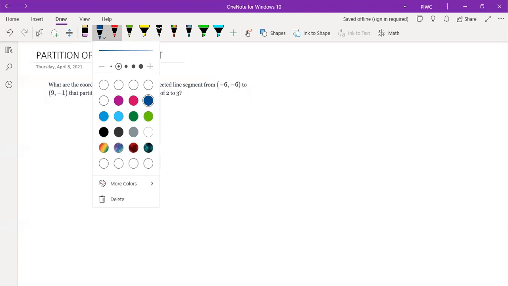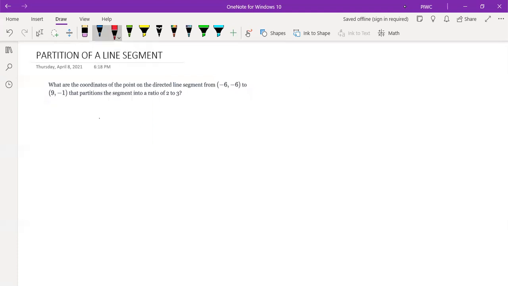So first, let's label the point x1 and call this y1, and then this second point x2, y2. And the ratio given, we call it the first portion, let's call this A, and call this portion here B. So let's say ratio A to B. Okay.